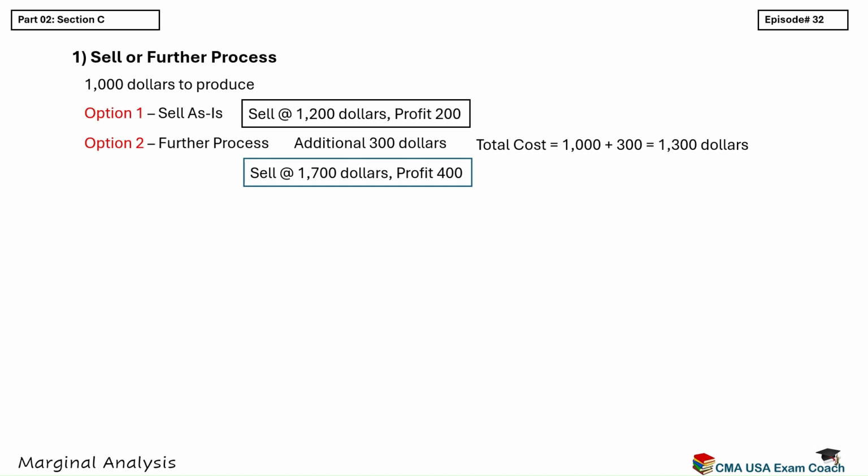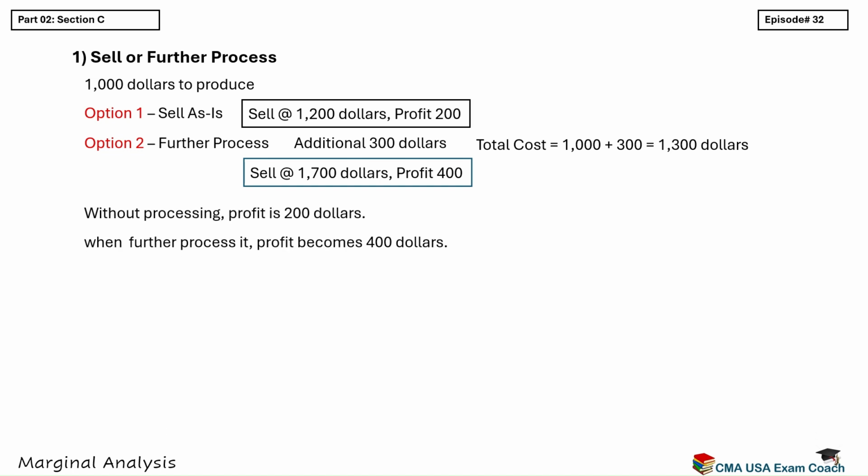So what's my profit now? 1,700 minus 1,300 equals $400 profit. So when I sell it without processing, my profit is $200. But when I further process it, my profit becomes $400. That means by spending an extra $300, I'm making an extra $200 in profit. So clearly, further processing is the better decision in this case.